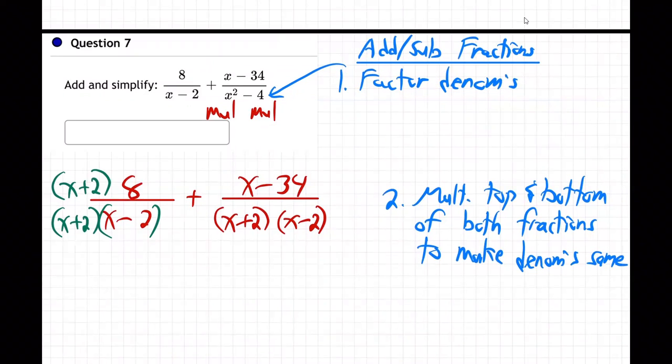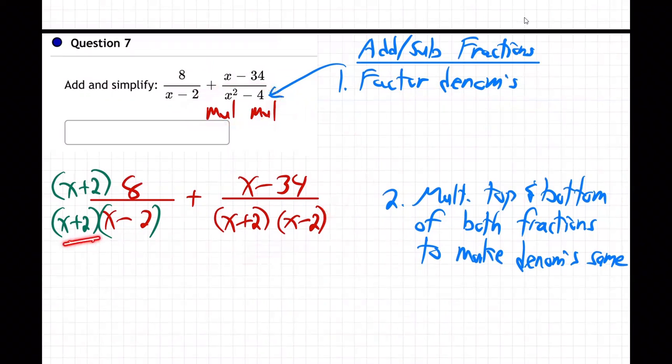See how the two denominators are now the same? They both have an x plus 2 and an x minus 2, don't they? So I didn't need to do anything to the second fraction because he already had all the stuff, didn't he? He already had both those pieces in his denominator when I factored him in step number 1.